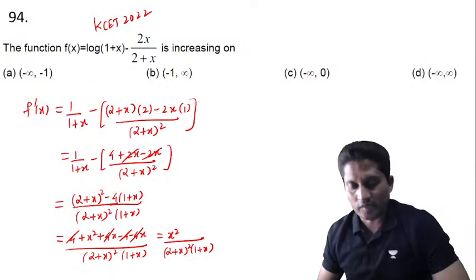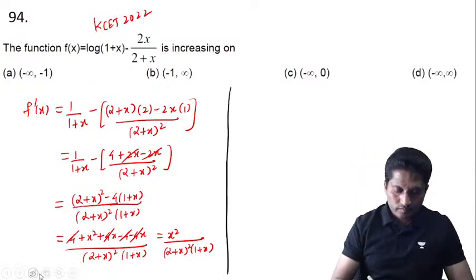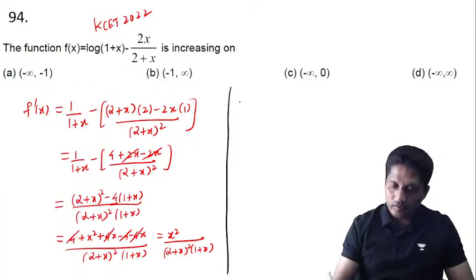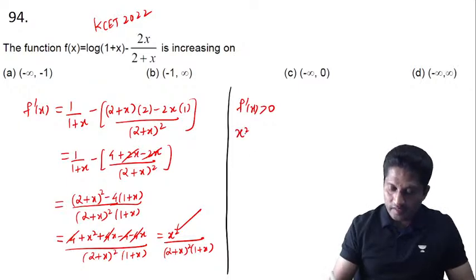Right, now I am supposed to find the intervals where the function is increasing. Okay, now f dash of x is greater than 0. x square is always positive, 2 plus x the whole square is also positive. So this means that x square divided by 2 plus x the whole square into 1 plus x should be positive.